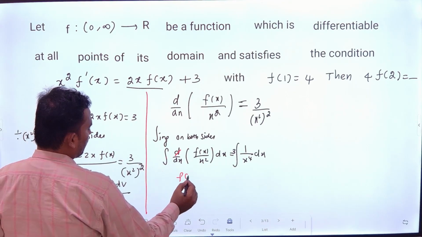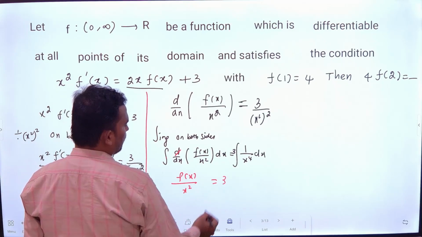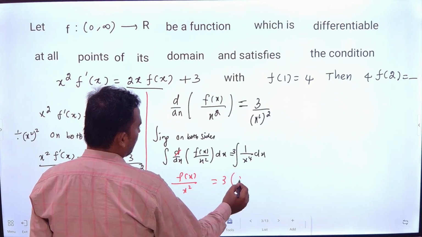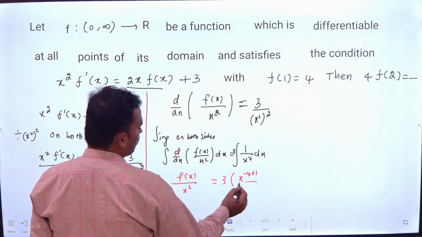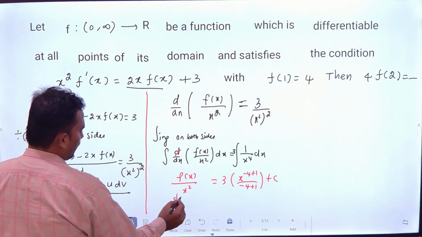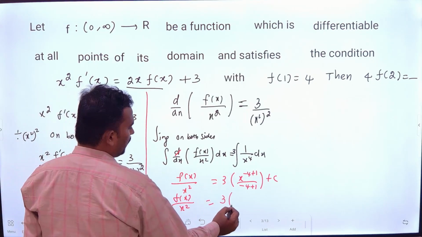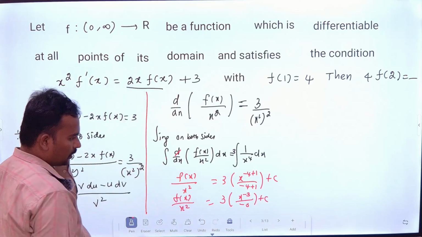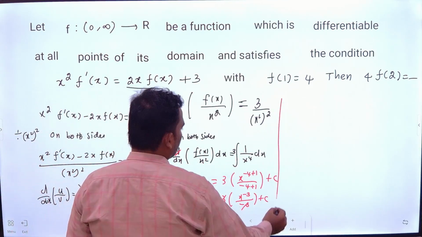So you will get f of x divided by x square. So 3 into the integration of x power 4, how to write? x power minus 4 we can write, x power minus 4 plus 1 divided by minus 4 plus 1, plus c. So f of x whole divided by x square is equal to 3 into x power minus 3 divided by minus 3, plus c. Understood? Now the 3 and minus 3 will cancel.